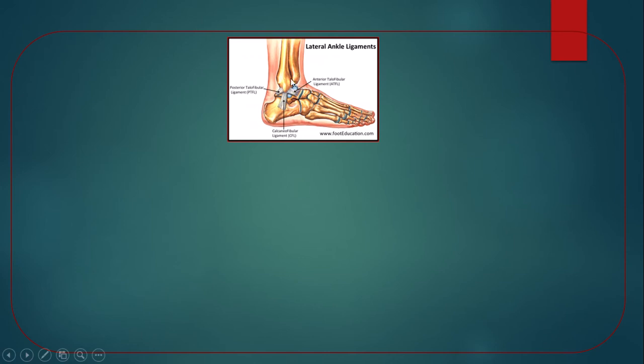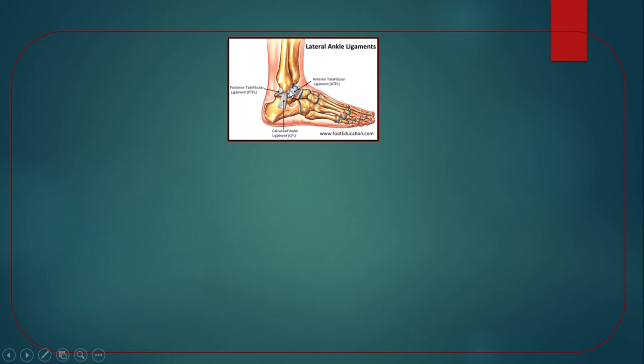Follow the picture. This is a ligament, this is another ligament, this is another ligament. They are attached with different bones. This ligament is attached with this bone and this bone. This is another ligament which is attached to this bone and these bones.